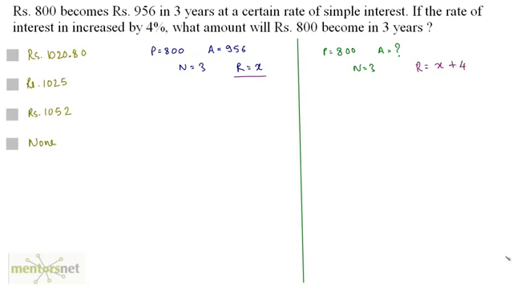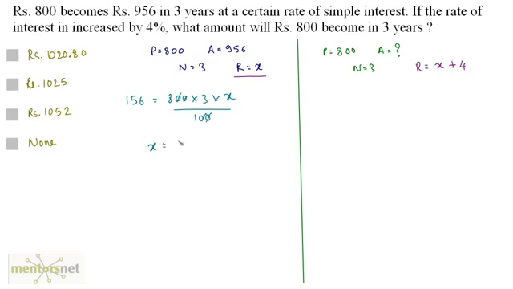Now let's concentrate on the case on the left hand side. We have to calculate the rate of interest. Now simple interest is amount minus principal. So 956 minus 800 is 156. It is equal to PNR upon 100. That's 800 times 3 times X upon 100. So these zeros get cancelled out.